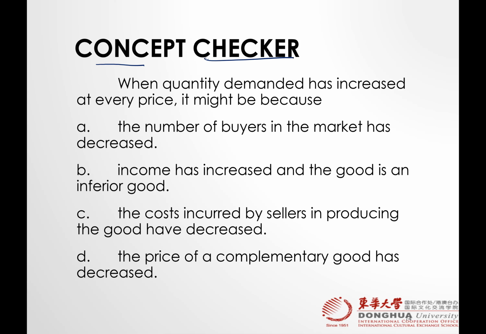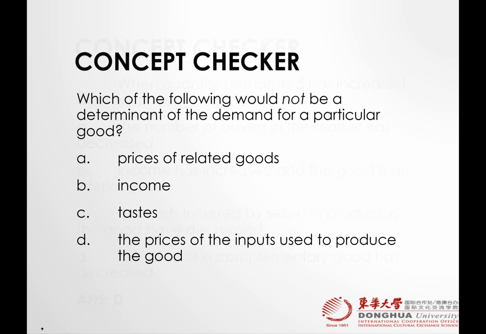I'm going to give you 2 minutes to read the question, and I will ask somebody to answer this. So here we go. I think we already discussed that, right? Yes, it's the D part. We already discussed that.